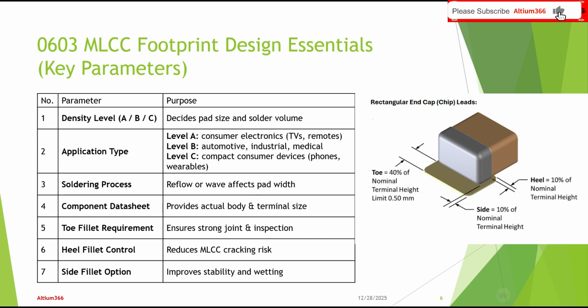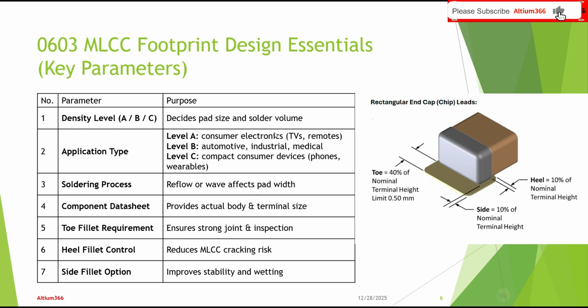So on this slide, we have the key parameters which you have to consider before creating a footprint in Altium Designer or in any software. The first one is the density level. Density level comes from IPC 7351 and decides how big the pads are and how much solder we allow. Then the typical application, so it depends for which application you are creating this component. These are divided into three levels.